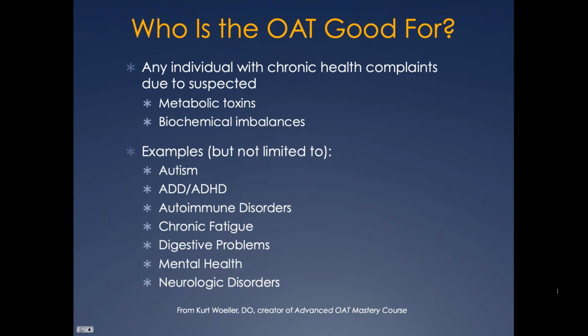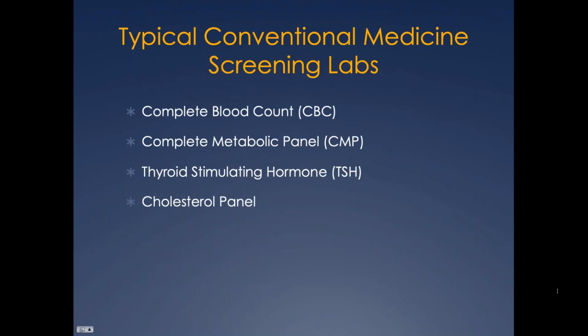Some examples, in a definitive diagnostic pathology sort of stamped individual, would be someone with autism, ADD, ADHD, any autoimmune disorder, chronic fatigue, digestive problems, mental health problems, neurologic disorders. But this is really just a sampling. This is not a complete or exhaustive list.